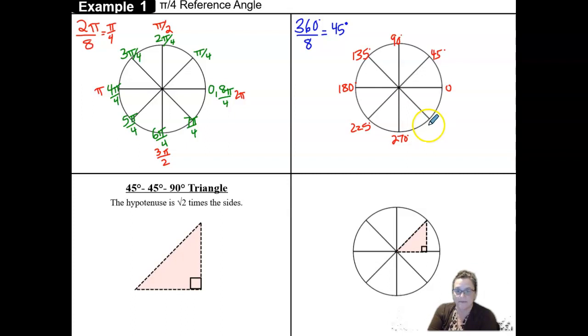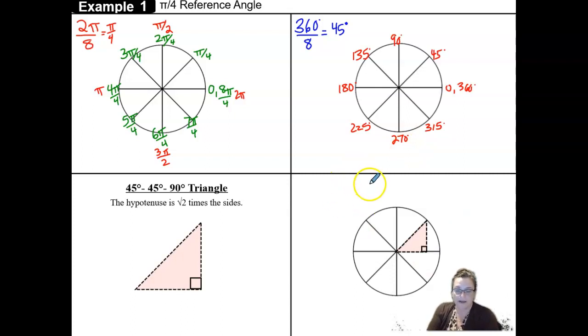Then 7 times 45 is 315 degrees. And 8 times 45 is 1 full revolution around the circle and brings us back to 360 degrees.